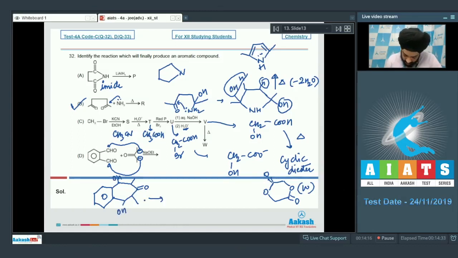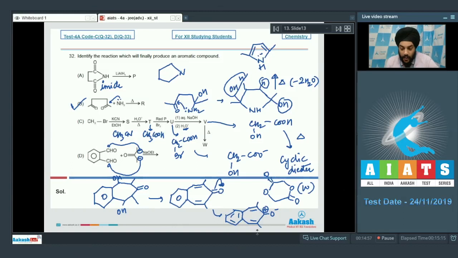Okay, so this compound will undergo dehydration to give us this compound. And now, students, if we talk about this structure, this bond will polarize in such a fashion, leading to the generation of an aromatic compound, represented as such.